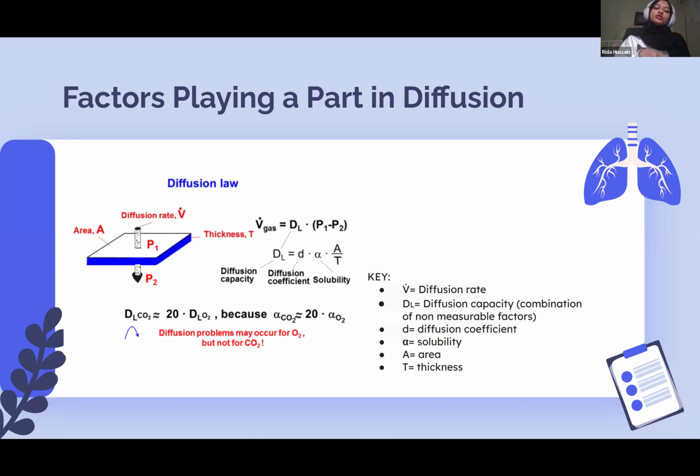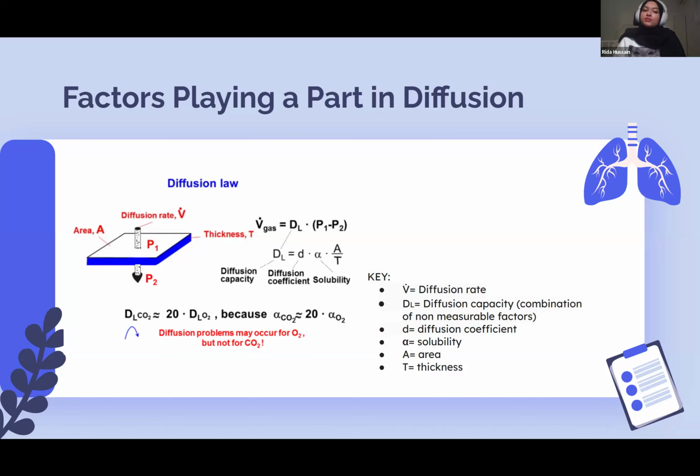Now let's move on to DL. DL is diffusion capacity. What the scientists basically did is that they took everything that was unmeasurable but affects the diffusion rate of the gas, and they made it into one coefficient, which is DL. So DL depends on diffusion coefficient, solubility, area of the alveolus, and the thickness of the alveolus.